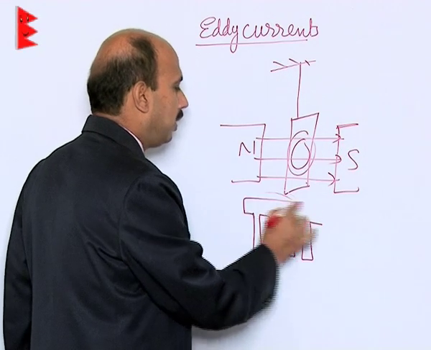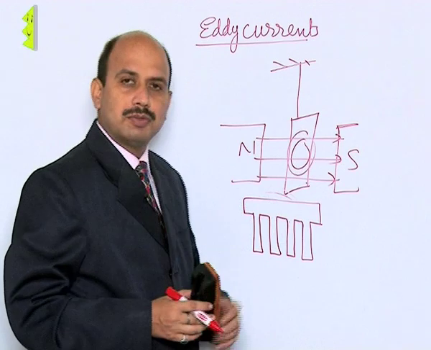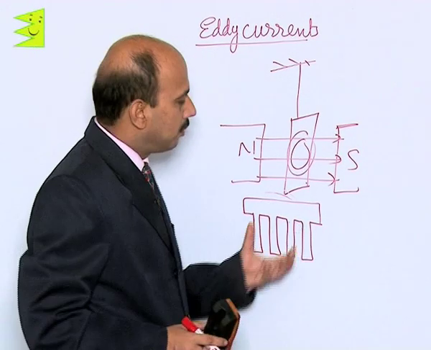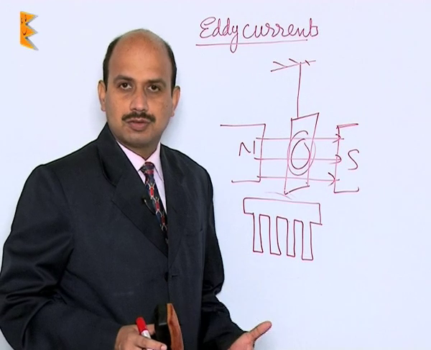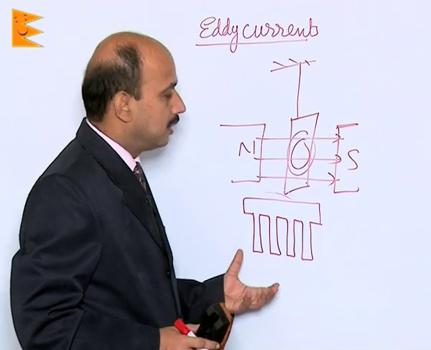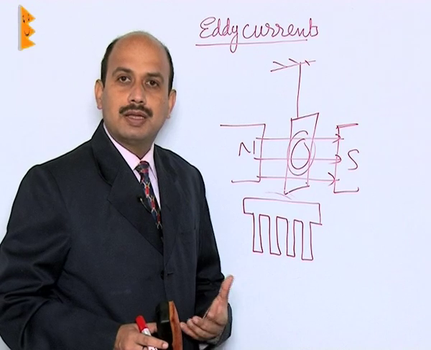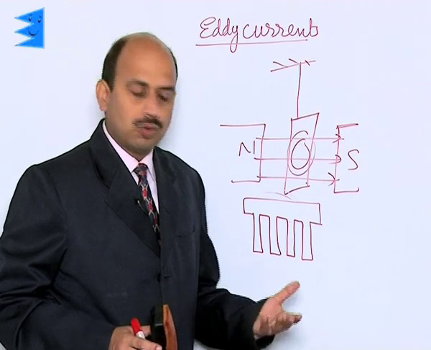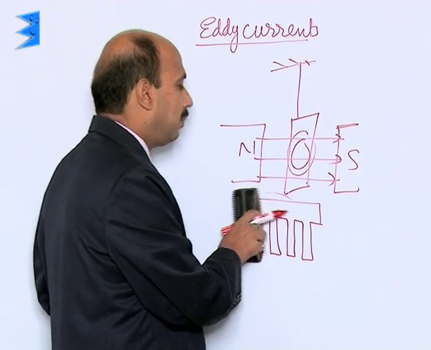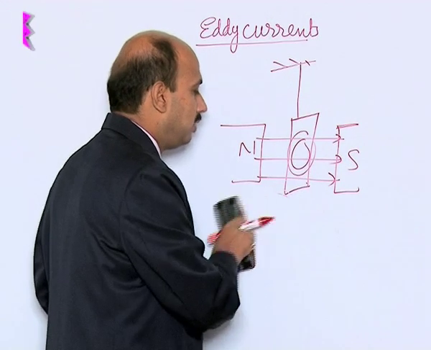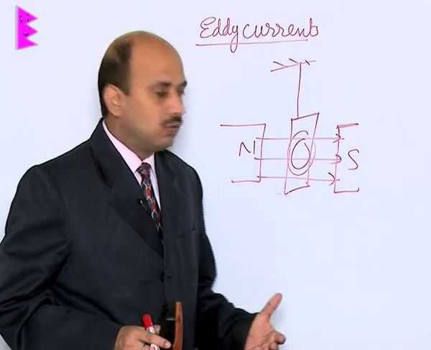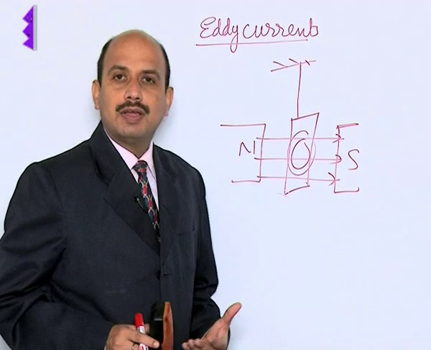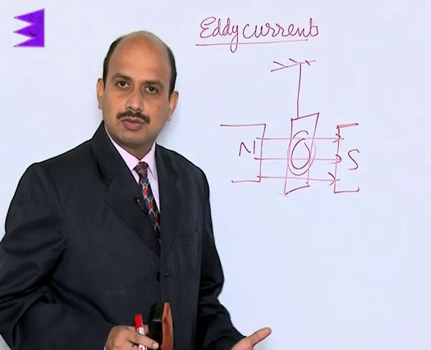Because of these rectangular slots, the area reduces, as a result the value of the current reduces, and the effect of eddy currents gets reduced. Also, these metallic plates are laminated, and when the planes of the laminated plates are parallel to the magnetic field, the effect of the eddy current also gets reduced.